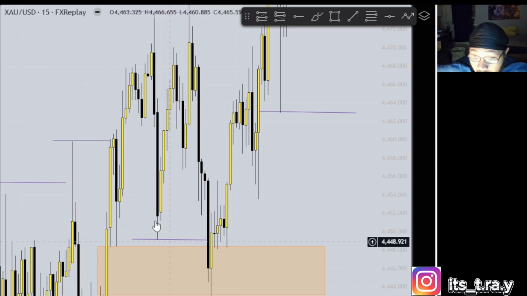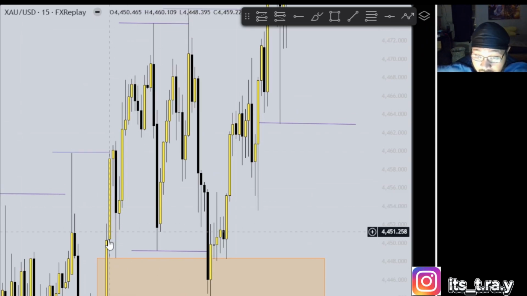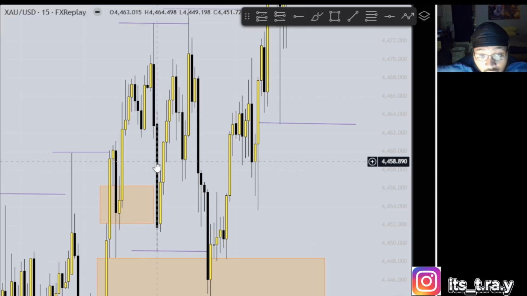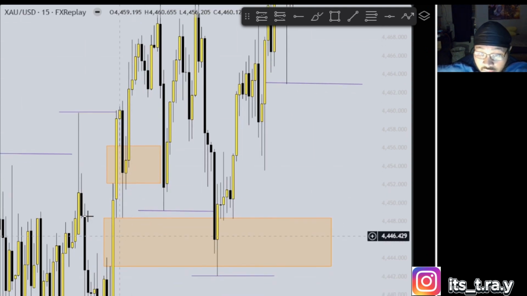Now I'll show y'all another example. Candle 1, candle 2, candle 3. There's a space between the wicks. So that right there is another fair value gap. And as y'all can see, price came into here and then reacted and got out of there. And vice versa, price came down, also tapped in this one, and then price went back up.